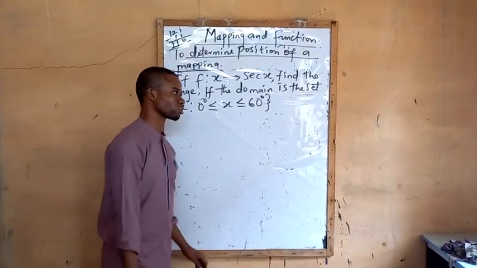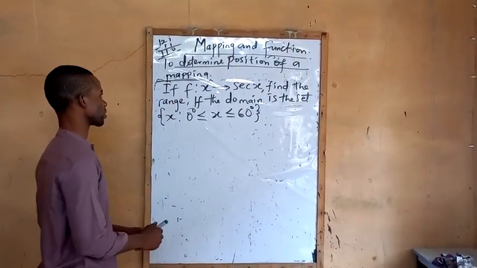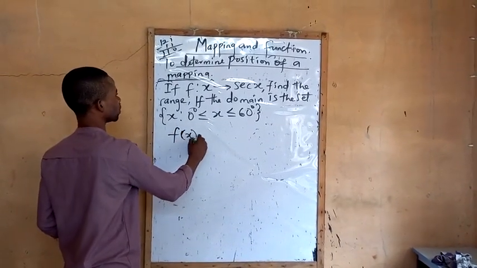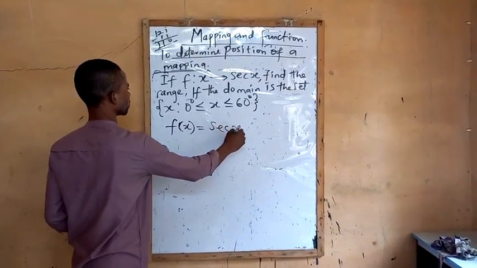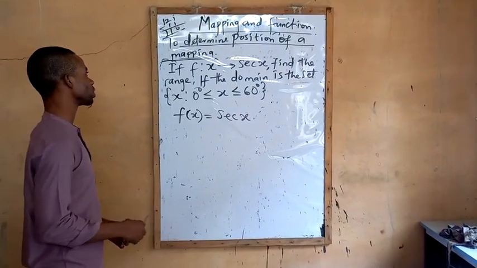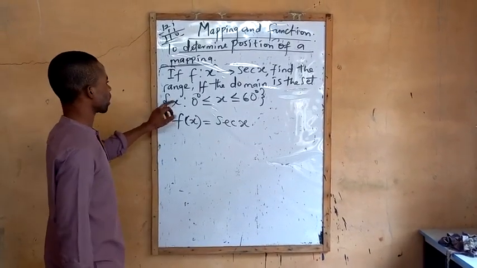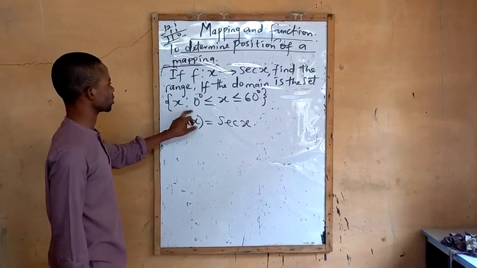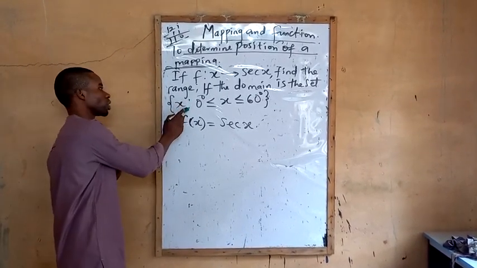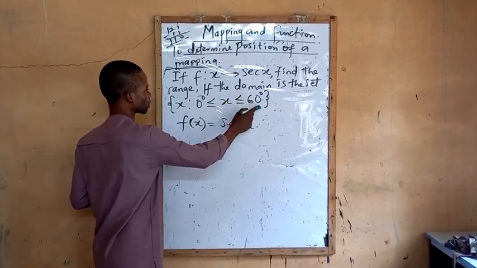Now, another question under determining the position of the mapping. If f of x equals sec x, find the range in the domain, the set of x such that 0 degrees is less than or equal to x, less than or equal to 60.